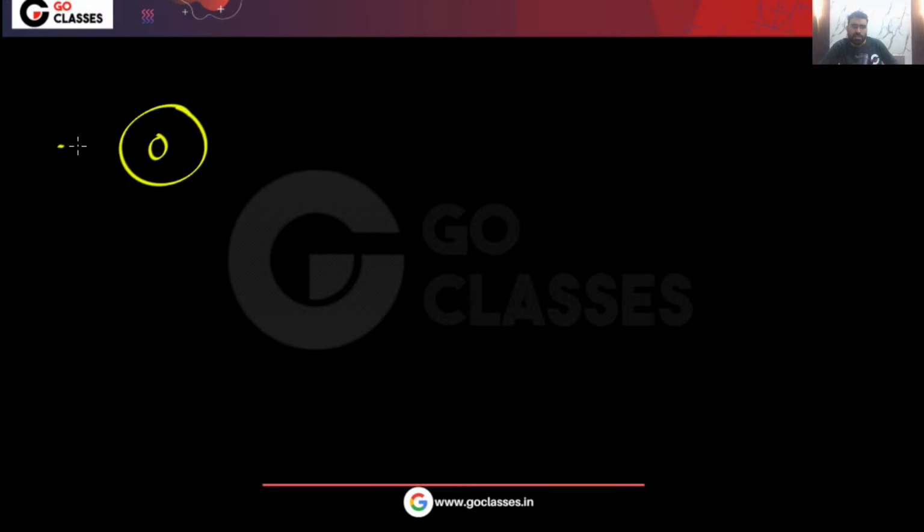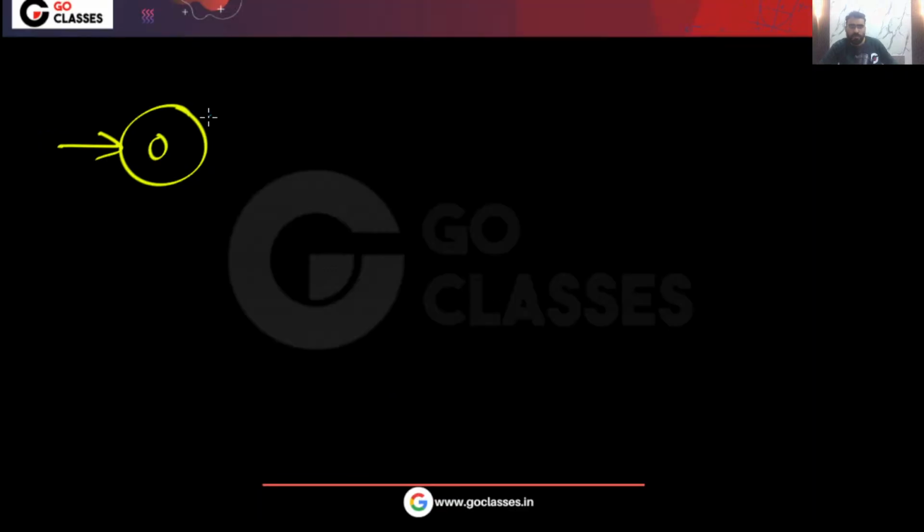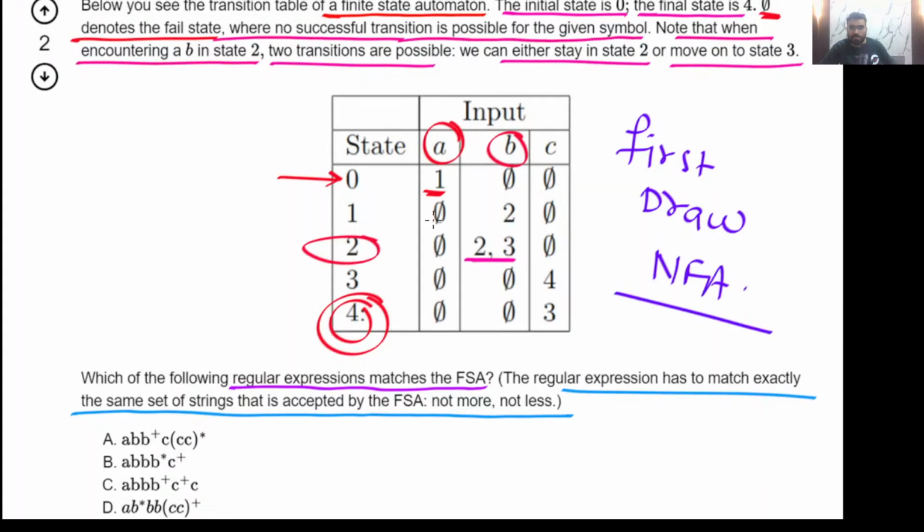This 0 is the initial state. Now, the question is saying in 0, if you read symbol A, then you will go to state 1. Yes or no? This state 0 is the initial state and this is the final state. If you read symbol B or C, you will go to the fail state, where no successful transition is possible on any given symbol.